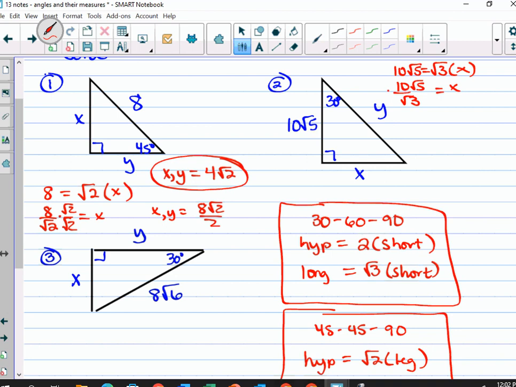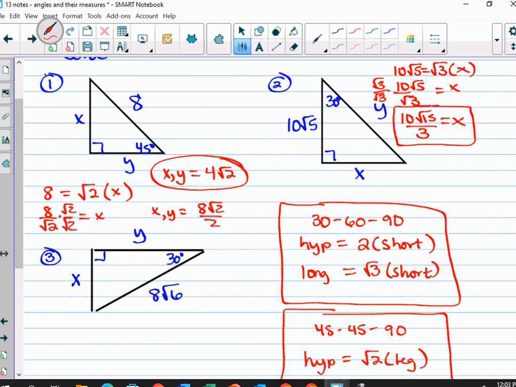When I rationalize, and I know I'm squeezing this in here, that gives me 10 root 15 over 3. Can we see it? Question, Alex? Got to multiply your square roots. Okay. All right, so that's the short leg.